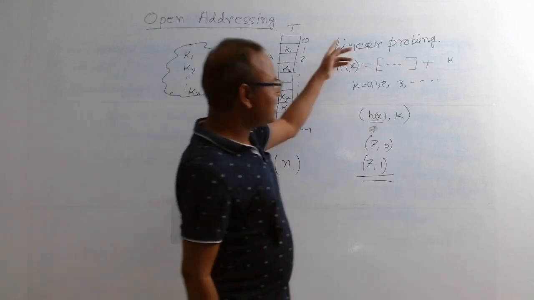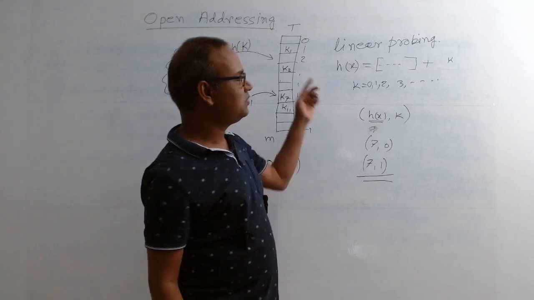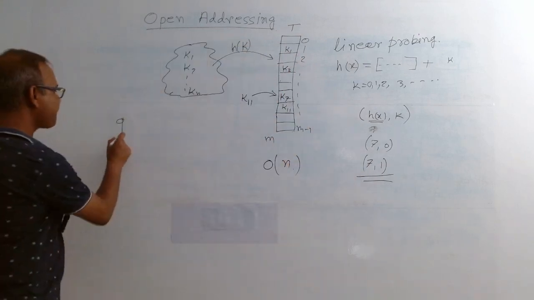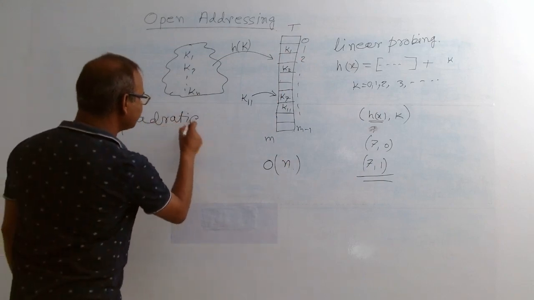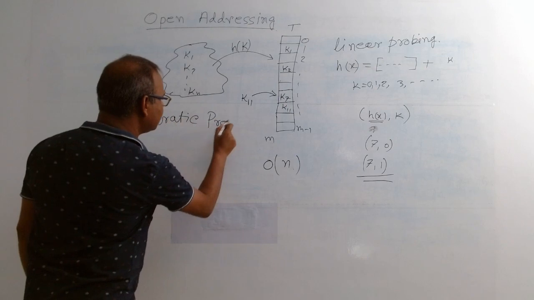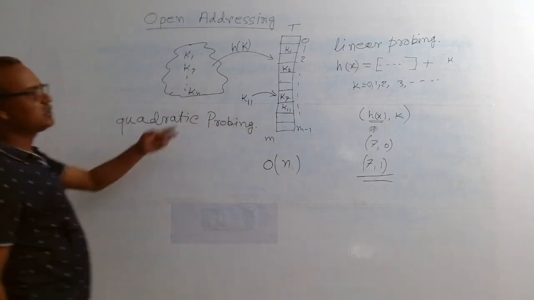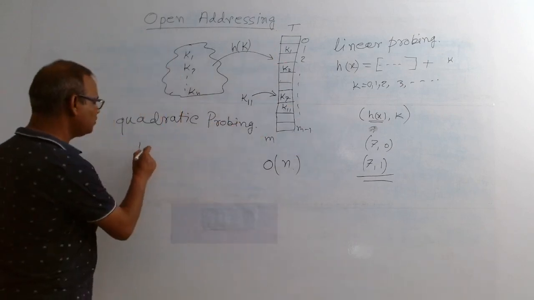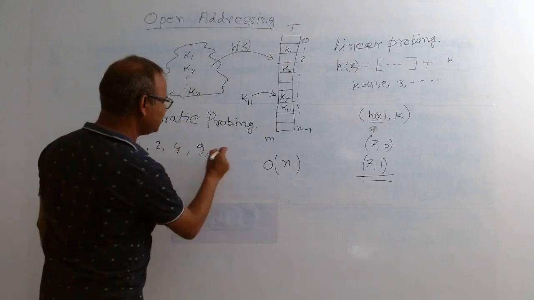There are other methods of probing. Instead of going one by one, we can go for quadratic probing, which allows us, instead of going to the next location, to go for 1, then 2, then 4, then 9, in this way.